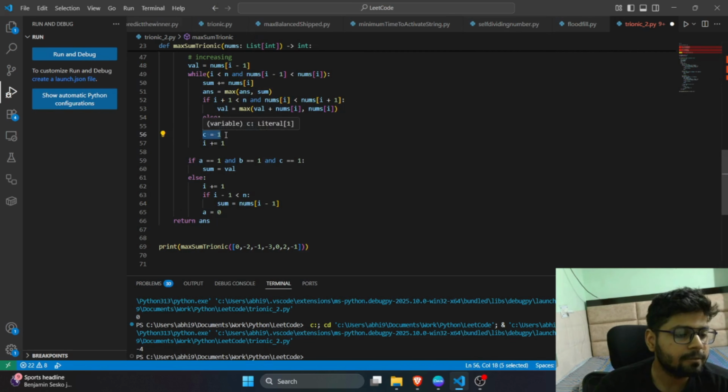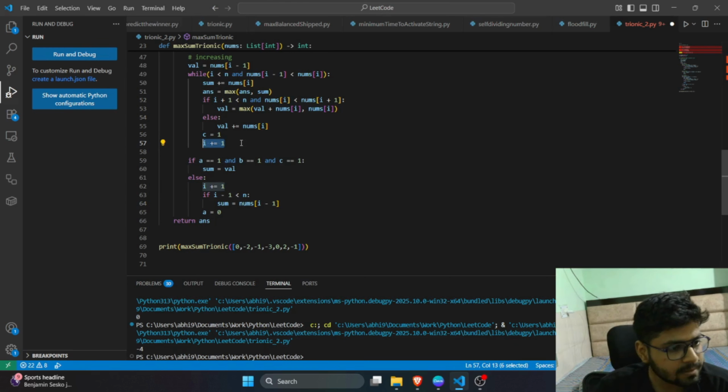And here we will be flagging the C as 1, which represents that the third iteration is increasing, the third iteration is calculated, and I is increasing here. Then it will check if all the iterations are calculated, the sum will be the value itself.